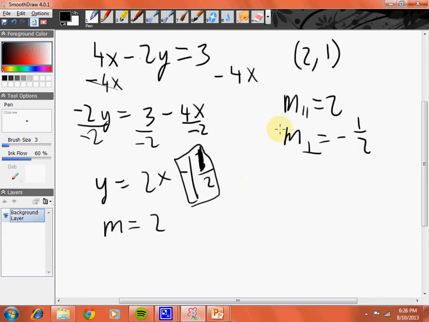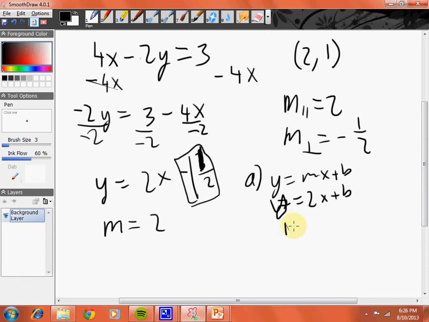So let's do one at a time. Let's do the parallel slope first, because that's what A was. We go y equals mx plus b. We plug in 2 for m, and then we use the point, because that will let us know what b is.